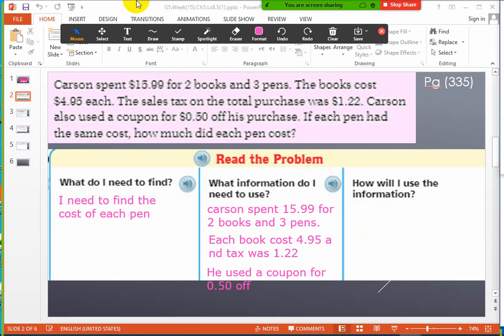Okay, so I have to write here the strategy that I will use to solve this problem.